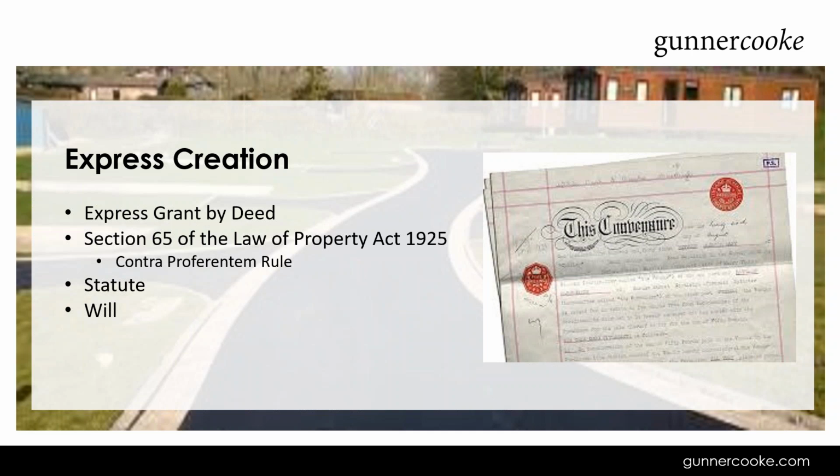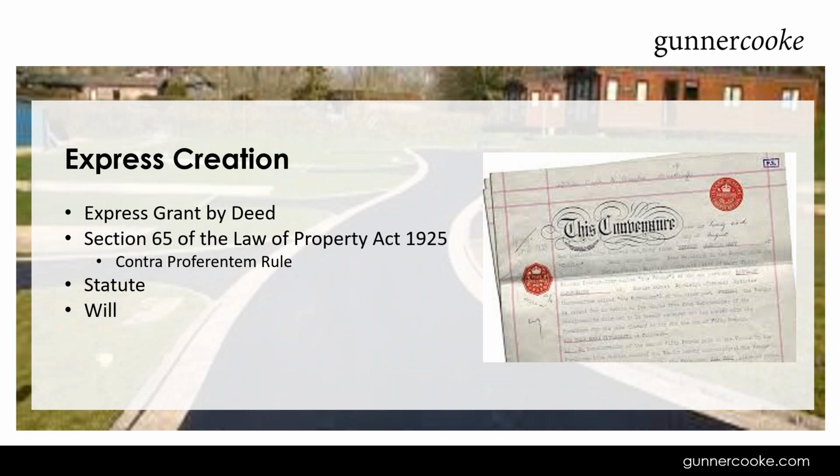The other options you've got for express creation are statute, and there's various statutes that can imply easements. One of the ones that commonly comes up is where there's anything like compulsory purchase powers. You'll also find that there's a lot of statutes that give special powers to utility companies, for example, gas, water, and electricity companies.